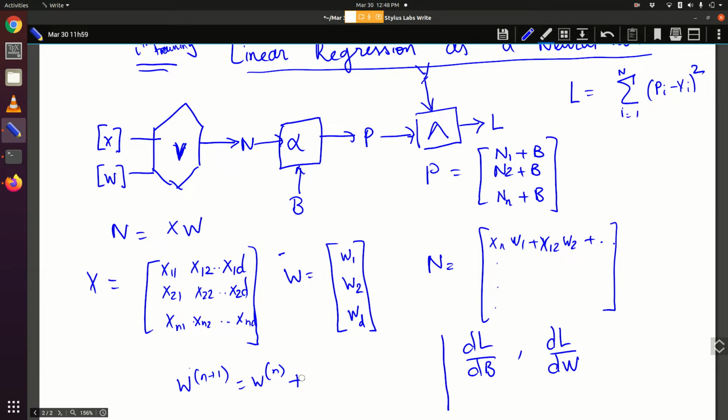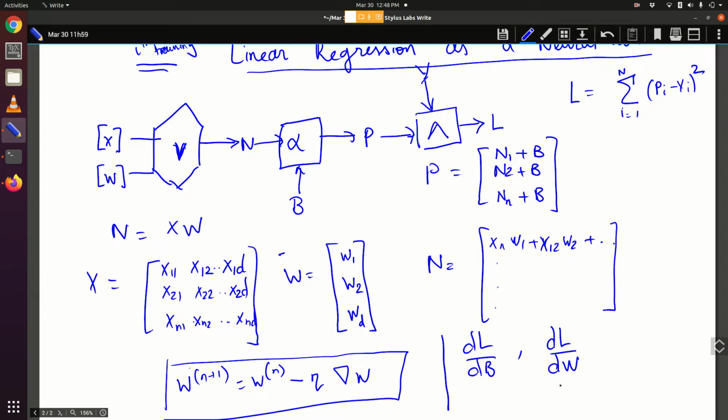You want to minimize the loss, so you have to go in the negative gradient direction: minus eta times the gradient of w. Batch or stochastic, we want to do this. So we want to tweak b, we want to tweak w, and we want to be able to estimate these so that we can do this.